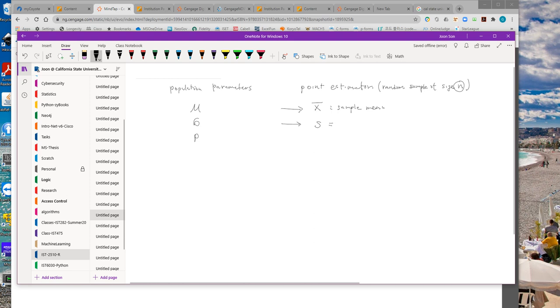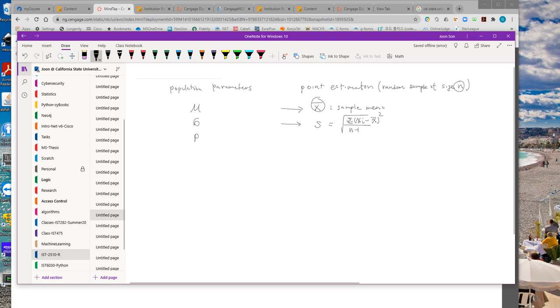The equation for the sample standard deviation: if the sample size is n, then it's n minus 1, and then we have a sigma of xi minus the sample mean, squared.